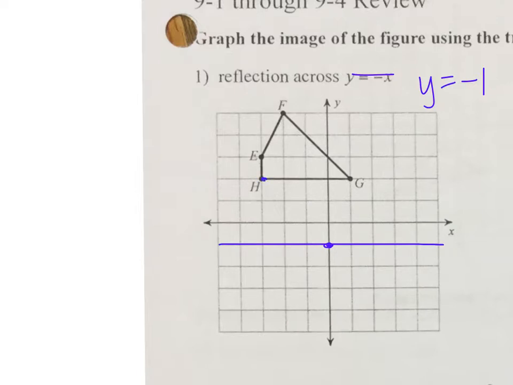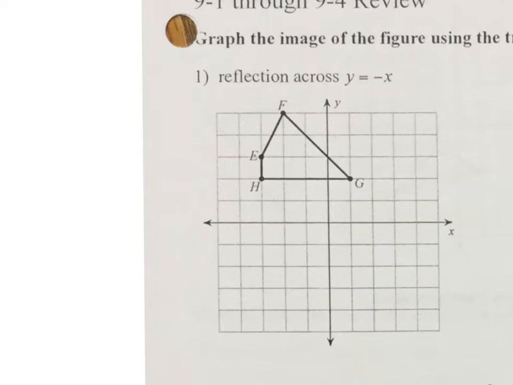H right here is 1, 2, 3 up. So I would go 1, 2, 3 down. That would be my new H. E is 4 up, so I go 4 down. So that's how you would go across the y. G's over here. Okay, so remember when it's y equals something, it's actually a horizontal line you're reflecting across.